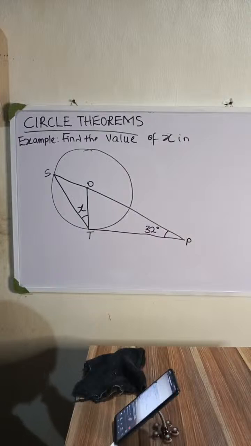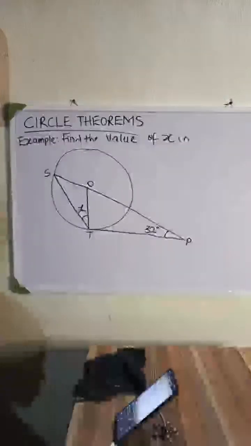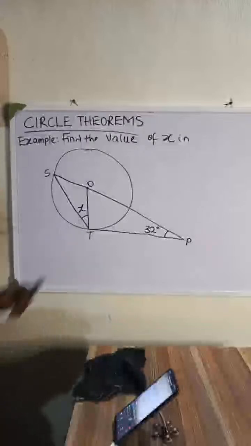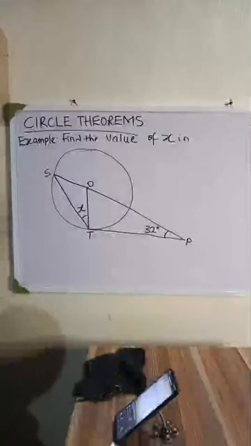Humble also got 74 degrees. Richmond got 37 degrees. Okay. So those of you that got 74 degrees, check. This angle looks too small to be 74 degrees. X looks so small for it to be 74 degrees.